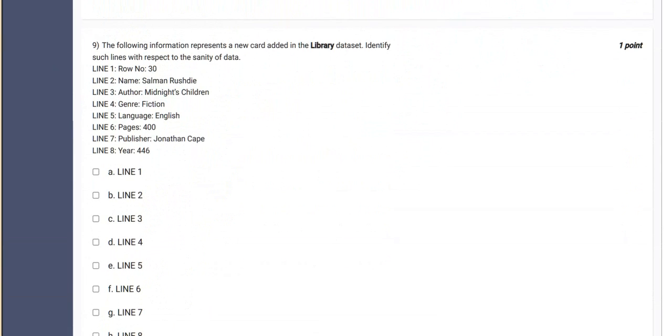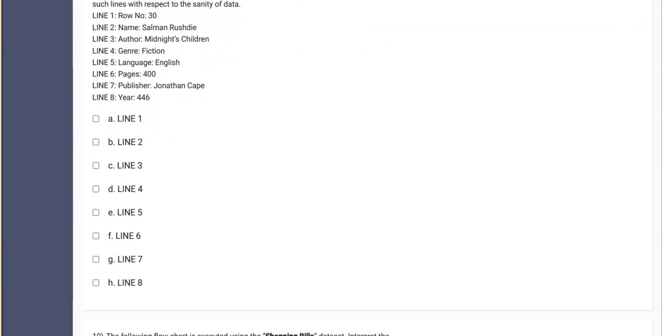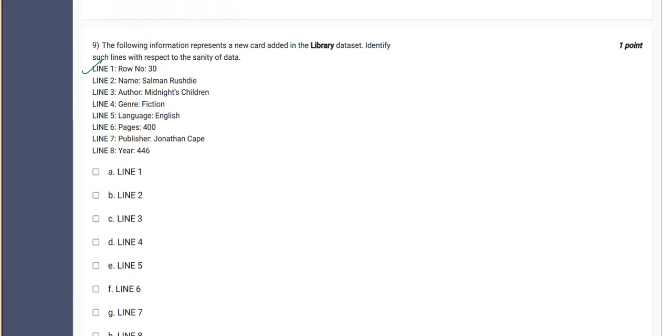The following information represents a new card added in the library dataset. Identify the sanity of data. Here we need to check for the sanity of data. Line 1 is row number 30. Line 2, Salma. Name is good. Author.